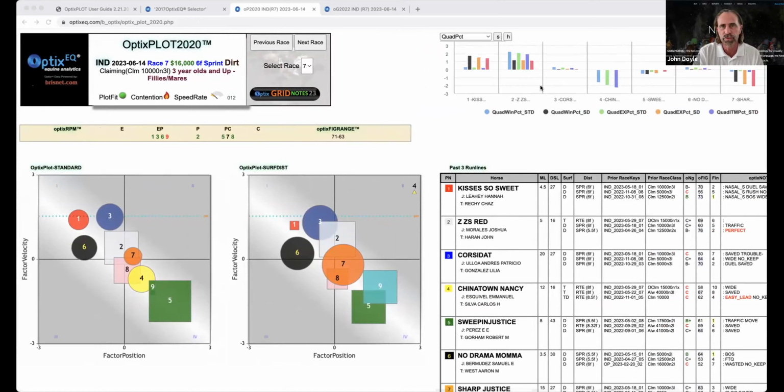It was quad percentage, and this is how these horses are relative to the track profile at Indianapolis. This is race 7 today, June 14th, 6 furlongs. You can see that the 1 is a square and circle in quadrant 1, and the 2 is a big, nice square hovering in quadrants 1 and 2. So just take note of that.